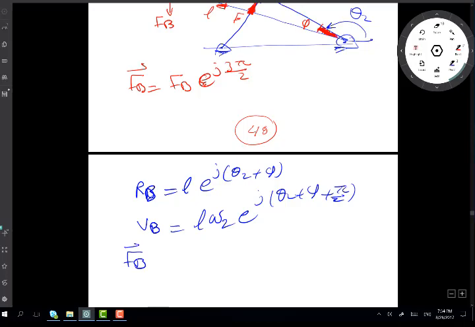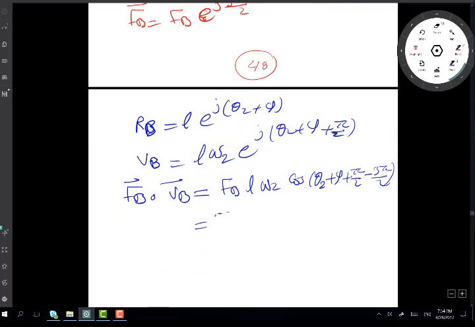So now if I go FB dot VB, I know what to do. I just multiply FB, L, ω2 and then the cosine of the angle between them. So θ2 plus π/2 minus 3π/2, which is equal to FB L ω2 cosine(θ2 + φ − π).